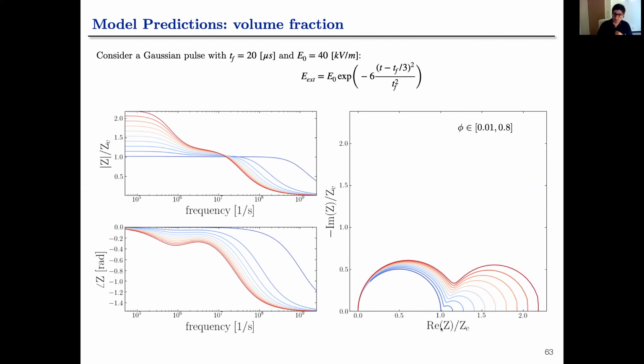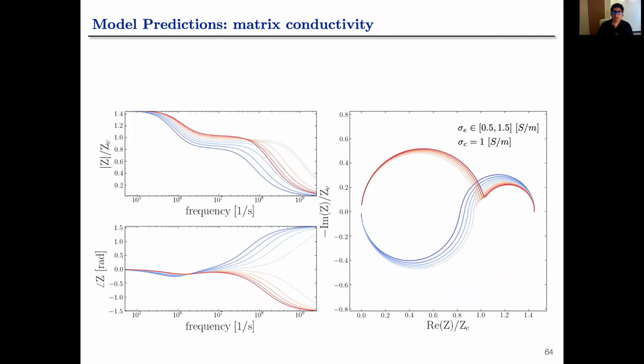This is in fact because of the membrane, and the first arc is because of the cytoplasm. As you expect, when you have more cells, this effect should be more pronounced, and it is. Now we're keeping the cytoplasm conductivity fixed at 1 Siemens per meter, but varying the extracellular matrix conductivity from a value of 0.5 to 1.5.